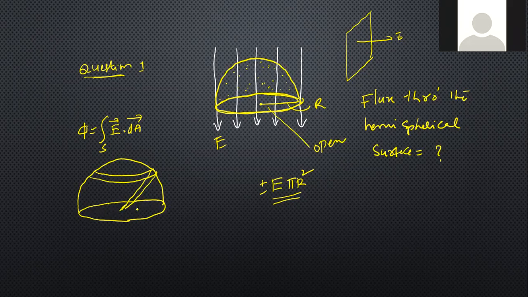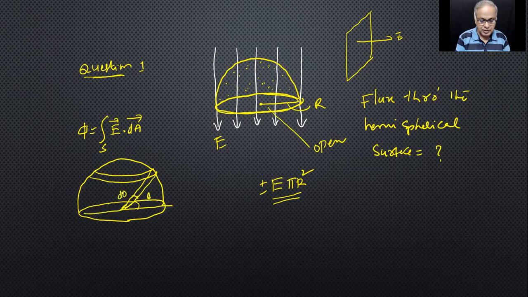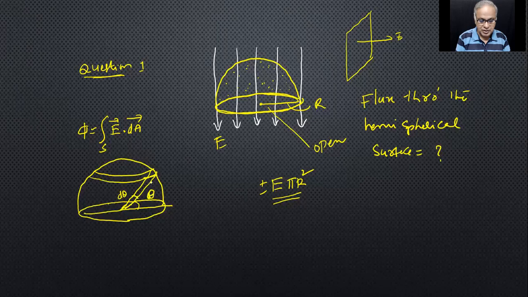Look, this is theta. This is d theta. The edge of the ring is making theta with this one. The other edge is making d theta. So the width of the ring is R d theta, where R is the radius of the hemisphere.